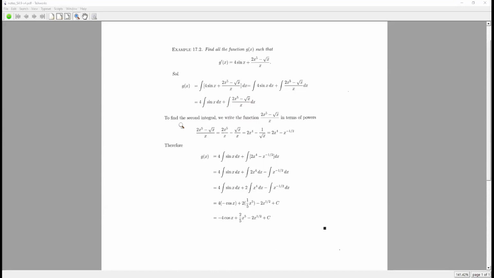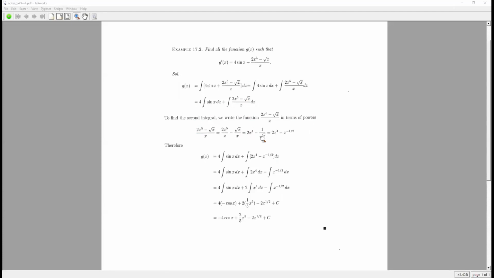To compute the second integral, I write the function in terms of powers. I split this fraction into a difference of two fractions. Then in the first term, I can cancel one x. In the second term, I can cancel one square root of x.